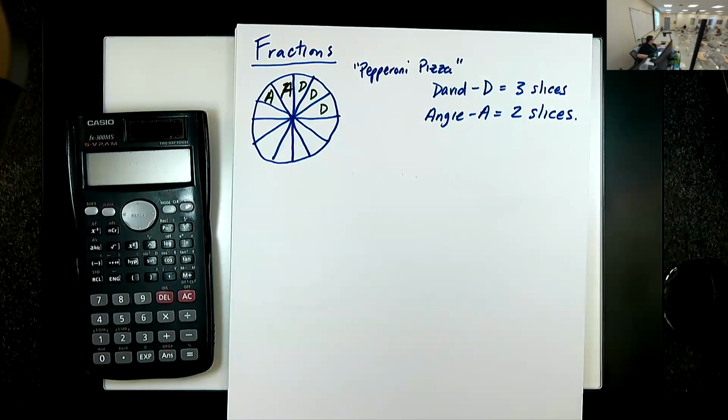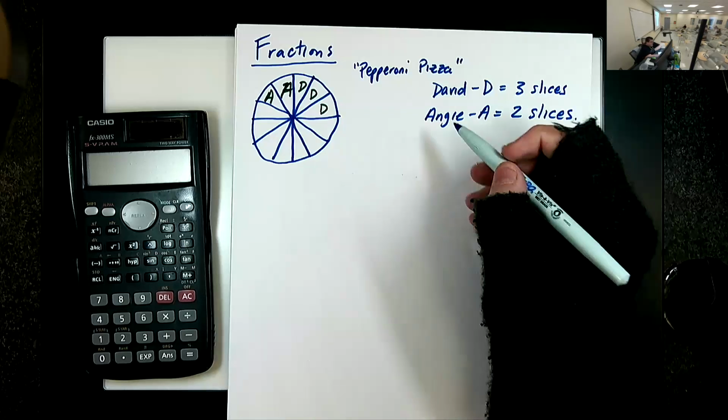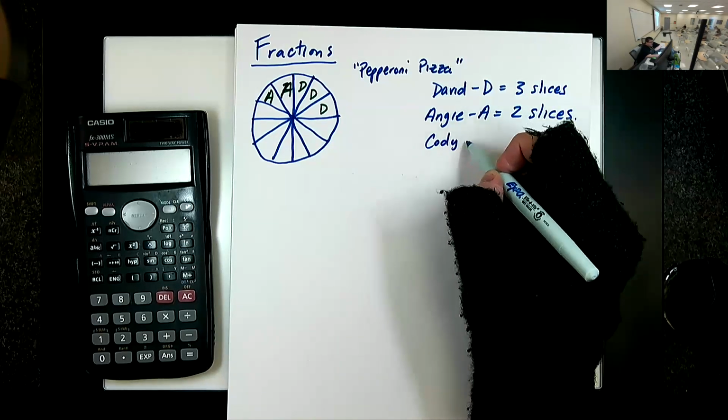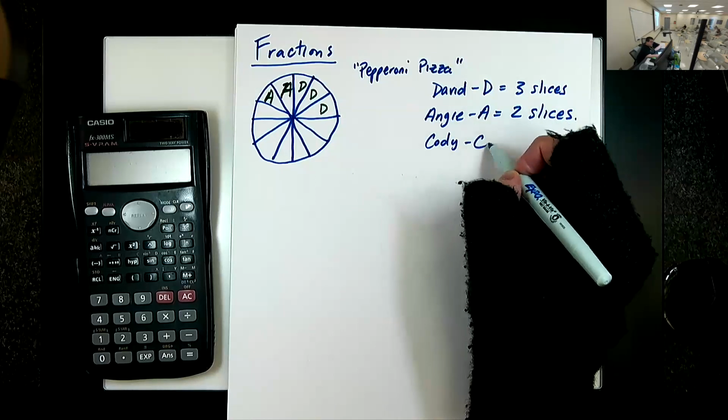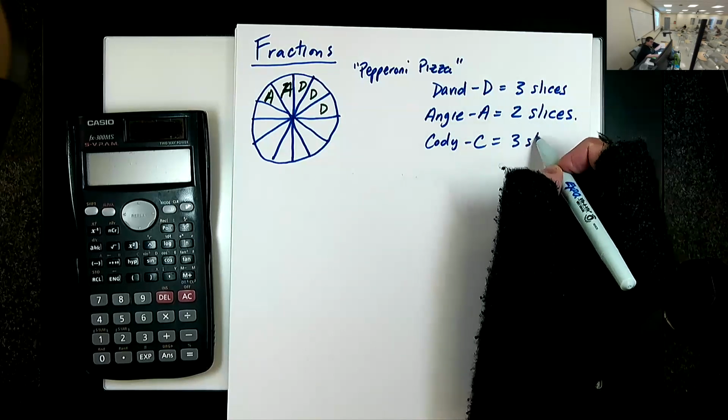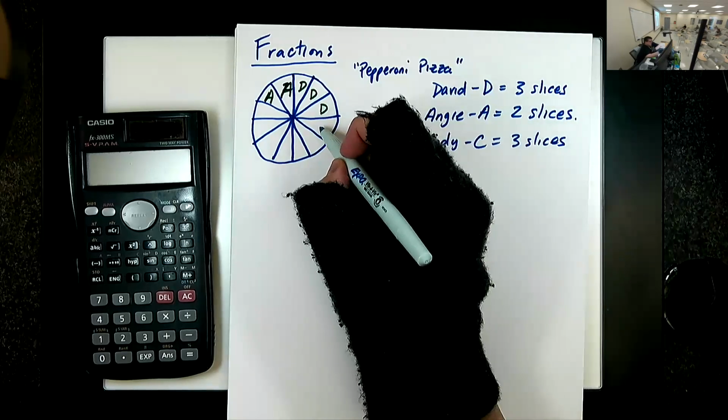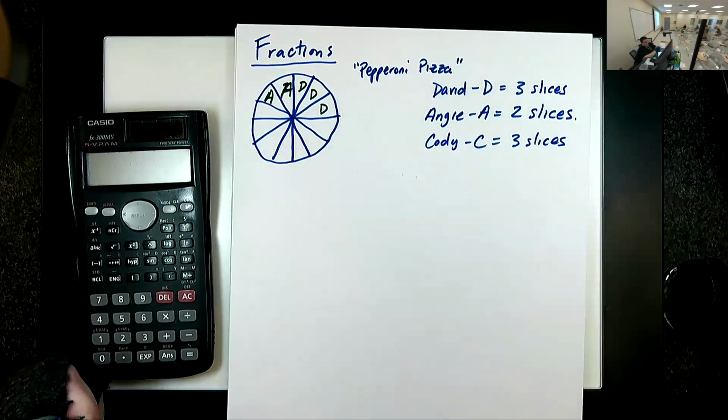So how many slices do you eat, Cody? How many slices of a large pizza would you have? Probably about 3. 3? Okay, let's put Cody in this 3. Three slices. Use green for the letters.